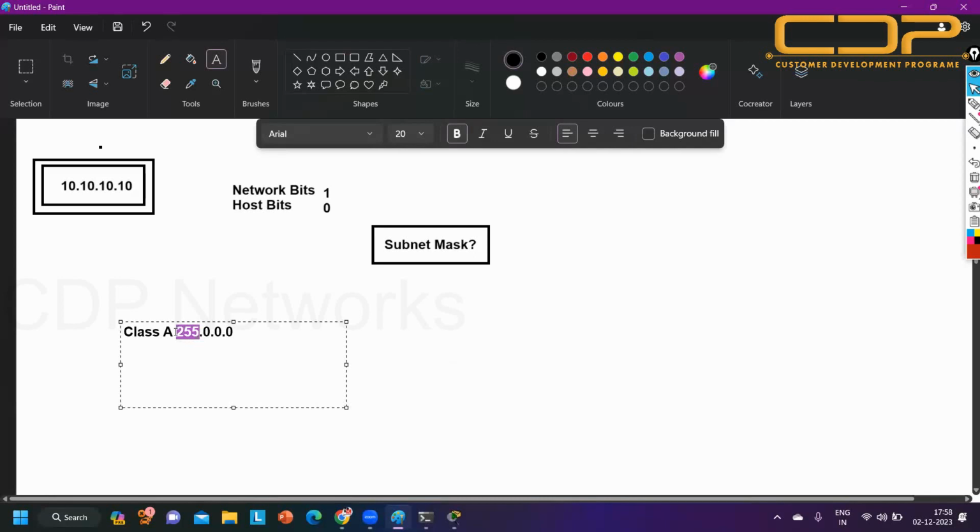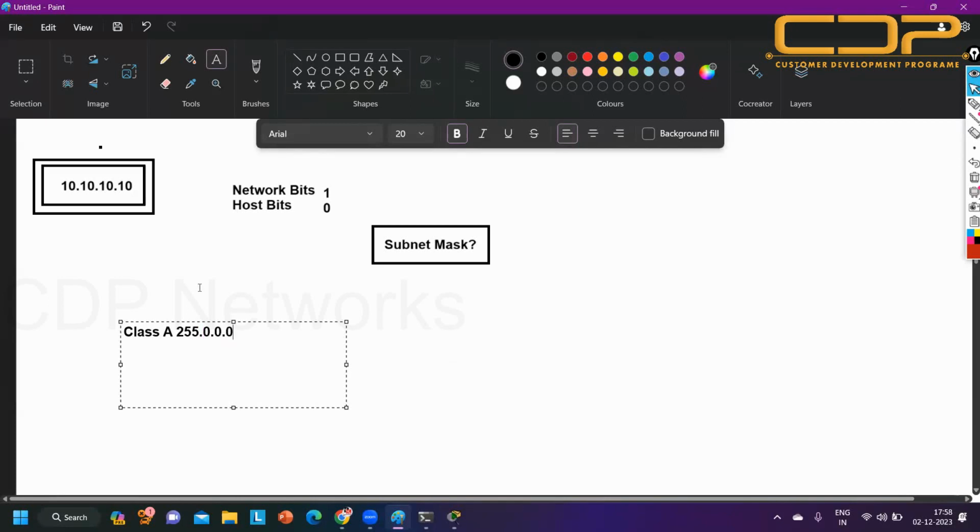That means all bits in the first octet are 1, so there are 8 network bits, and in the last three fields the values are 0. That means 24 bits are host bits. All the last 24 bits are 0.